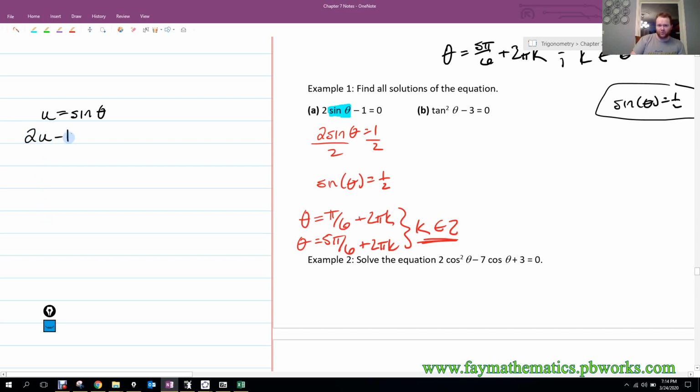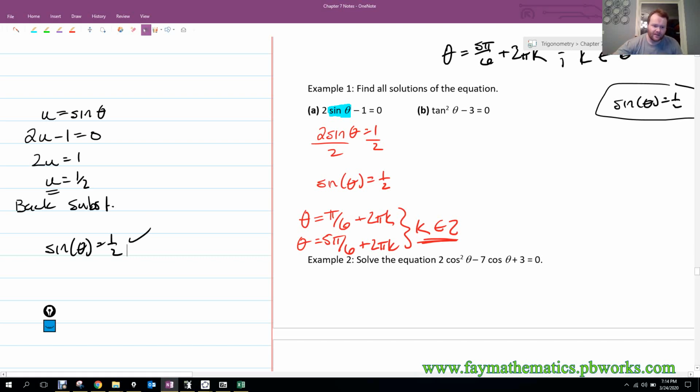So 2u minus 1 equals 0. Then 2u would be 1, u would be 1/2. And now I'm going to back substitute. U was sine of theta, remember? So now I get sine of theta is 1/2, and now I attack it with the unit circle and find the solution that way.